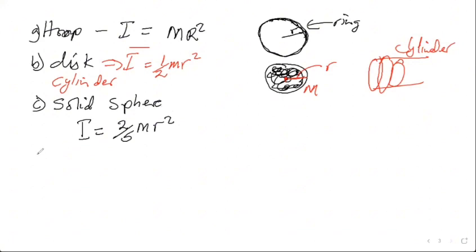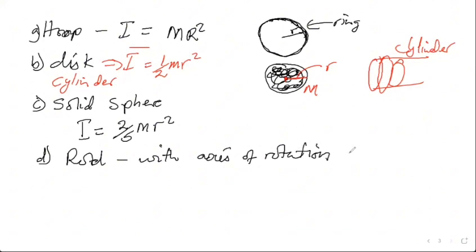We also have the moment of inertia for a rod that is pivoted at the center, with the axis of rotation at the central point, at the midpoint.